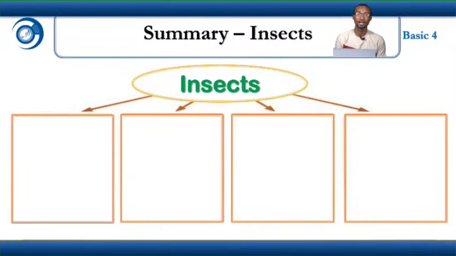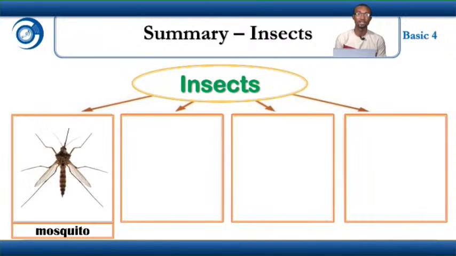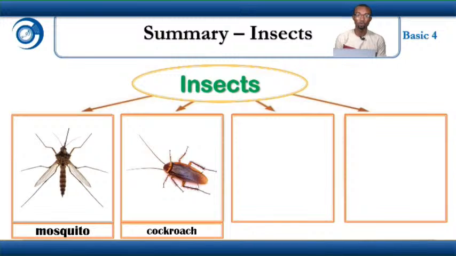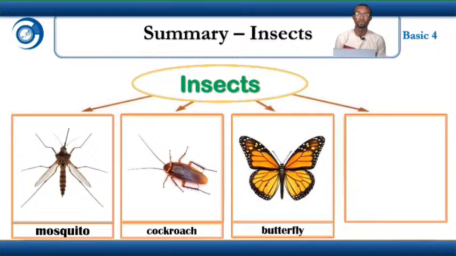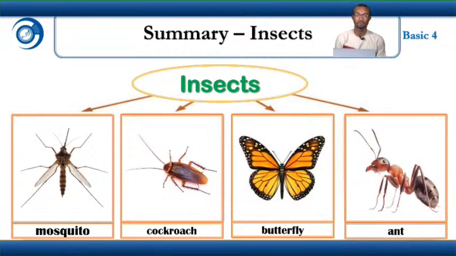We looked at some examples like the mosquito, the cockroach, the butterfly, and then ants. These are some of the examples of insects we talked about in this lesson.